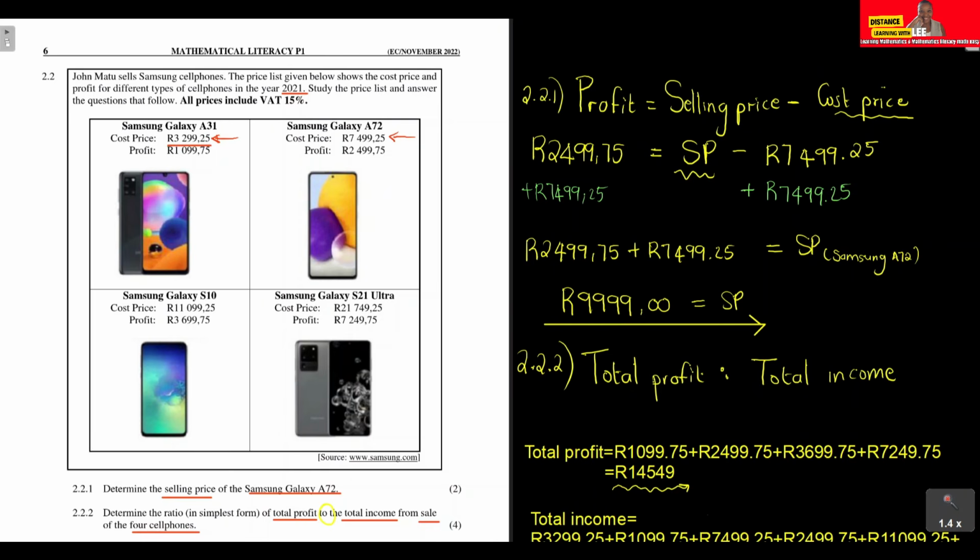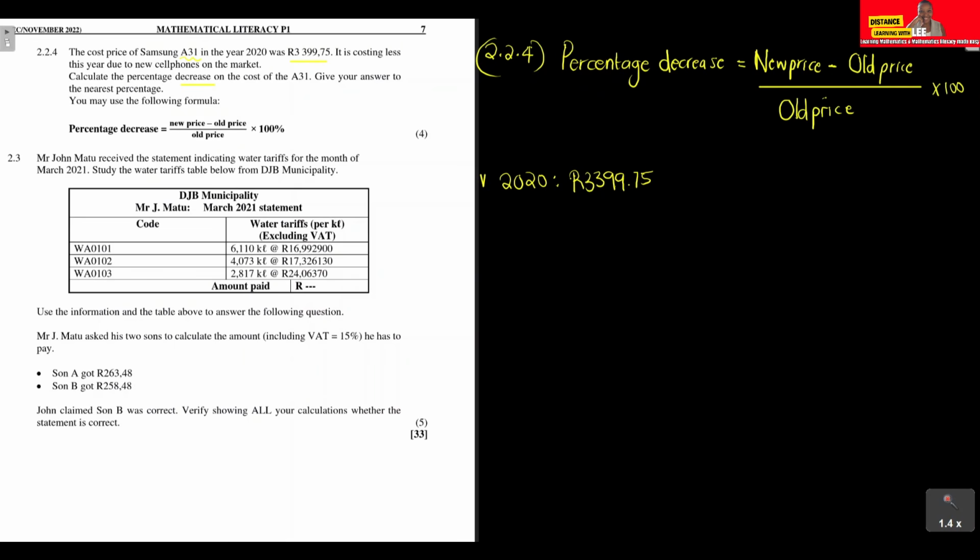The cost price for the year 2021 was 3,299 rand and 25 cents. So which value is the new price and which is the old price? The 2020 amount is the old price, because it's the older year, and the amount for 2021 is the new price because it is our most recent year.